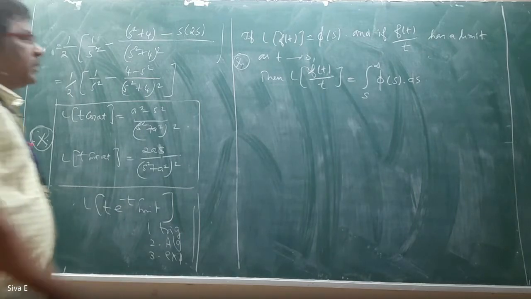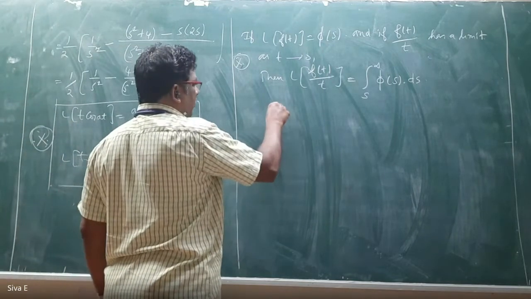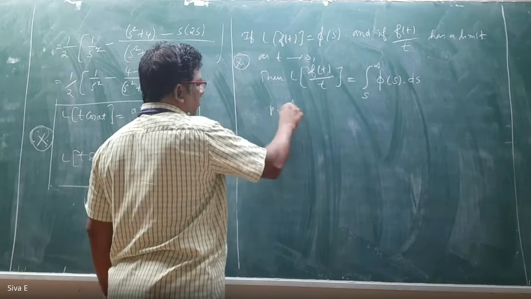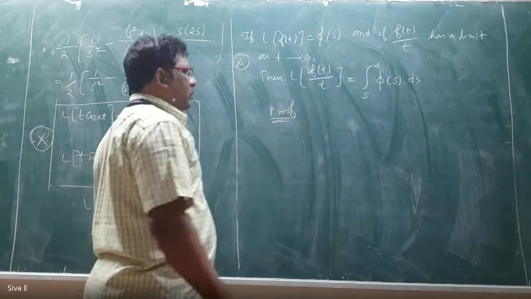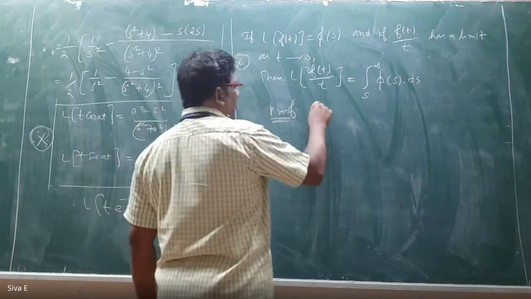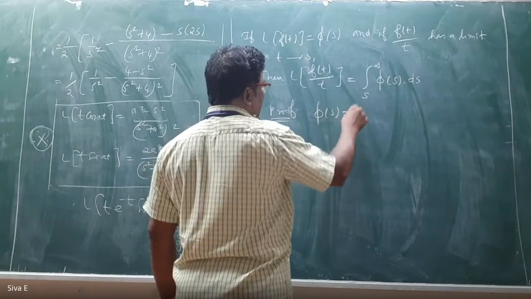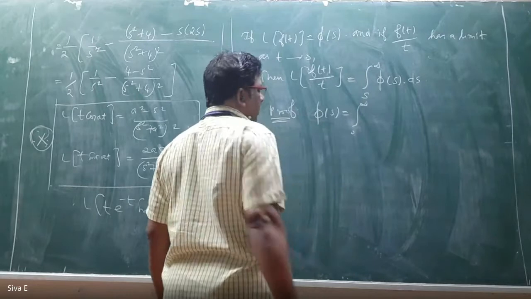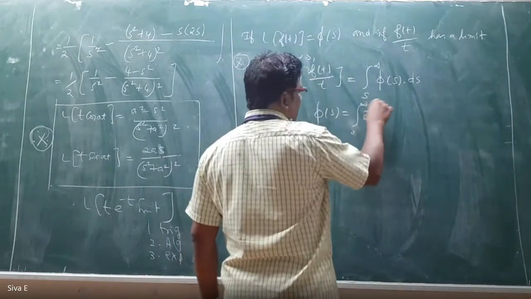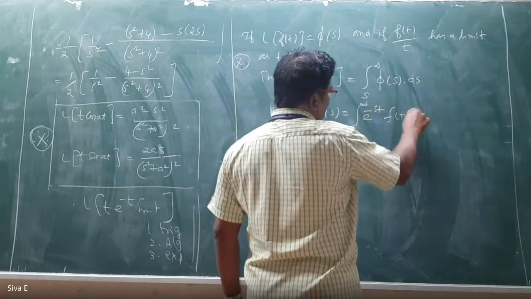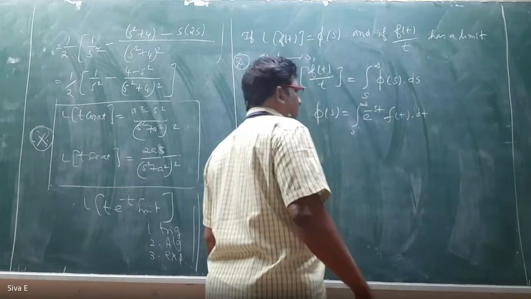How to prove this? Let phi of s, so what is phi of s here? Phi of s equals the integral from 0 to infinity of e power minus st f of t dt.